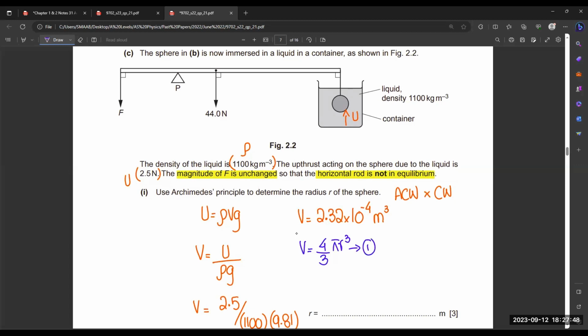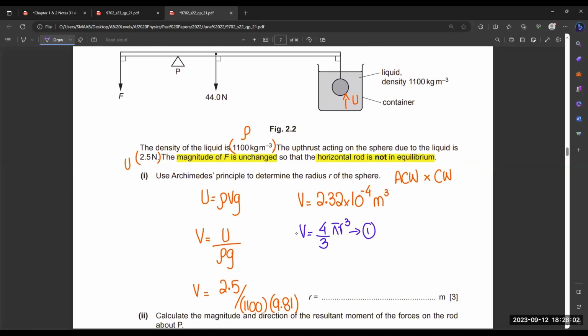So you have to use this equation to find out the radius of the sphere, with the help of the volume. Let me just write this down first.